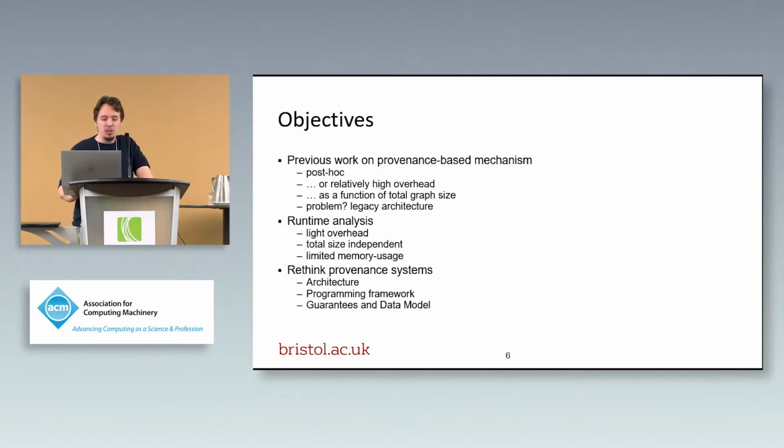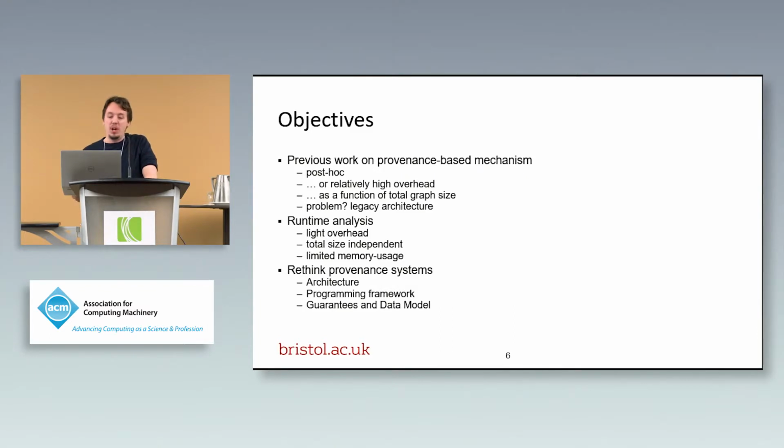And what we try to do is to move away from that and allow runtime analysis by trying to rethink the way the provenance stack is designed. So previous works were post-hoc, so forensic kind of work, or had relatively high overheads that were dependent on the total size of the graph. And the problem was a legacy architecture.